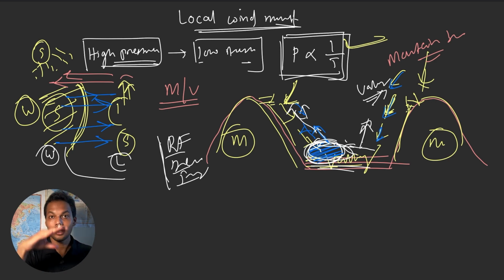When it reaches the hilltop, as it moves upward it will lose some energy, cool down and condense, so there may be some precipitation. This type of precipitation is known as orographic precipitation.